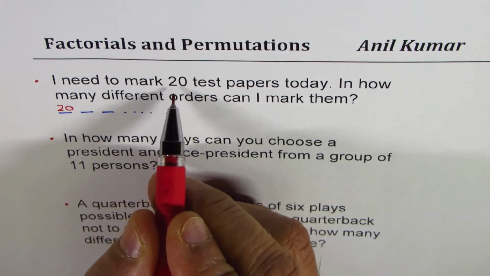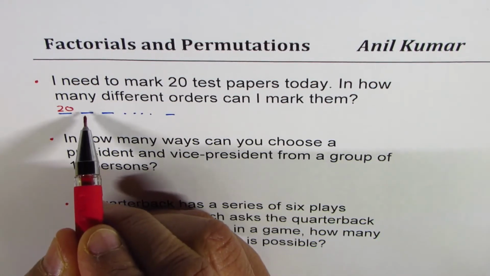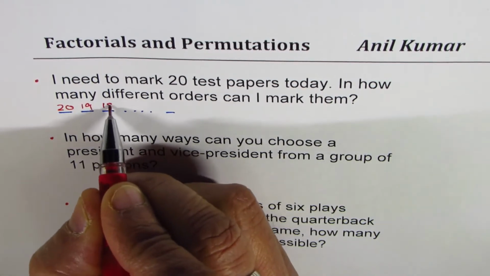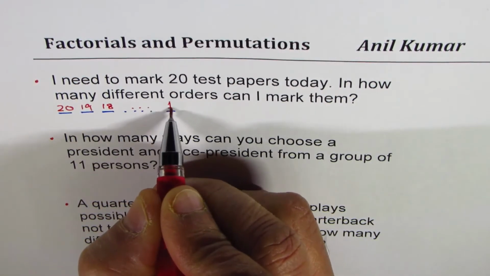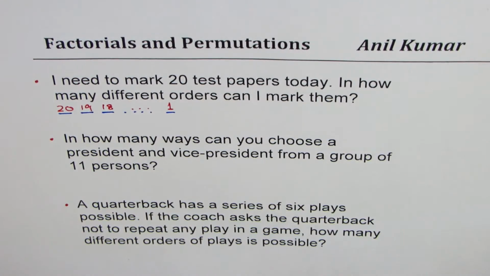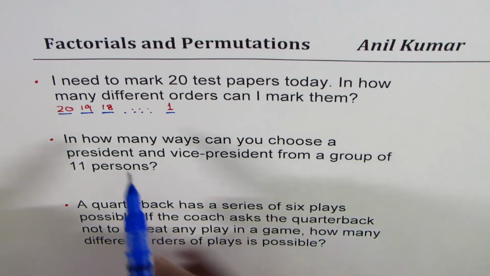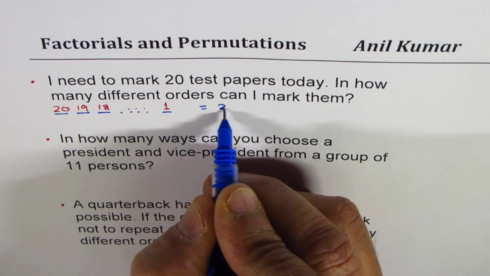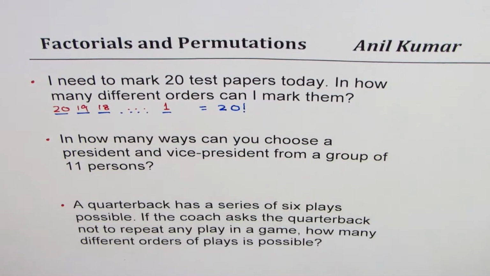You can choose any one of these 20. For the next, once you have taken one away, 19 is left, and then 18 is left, and so on till the last paper is tested, right? Multiplying all this, you get your result, which could be written as 20 factorial, correct? So that is one way you could answer this question.